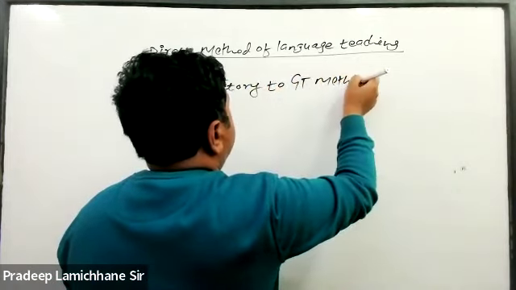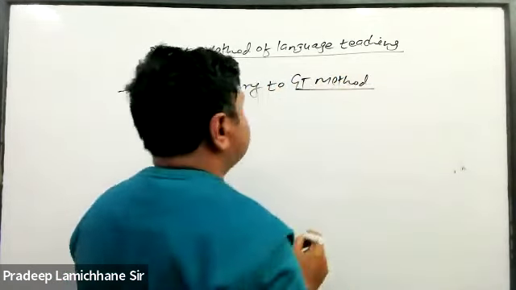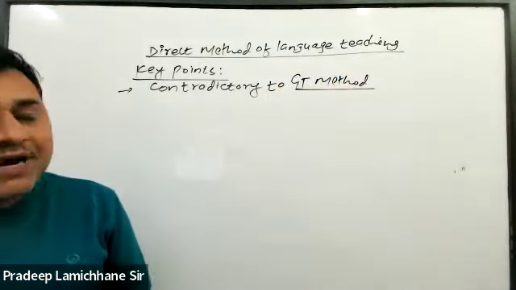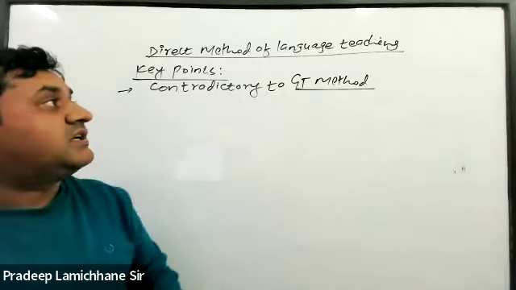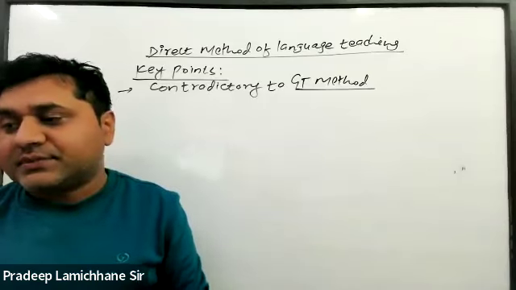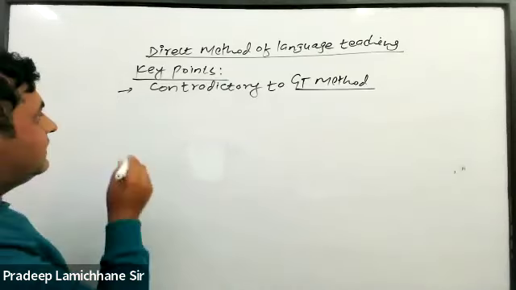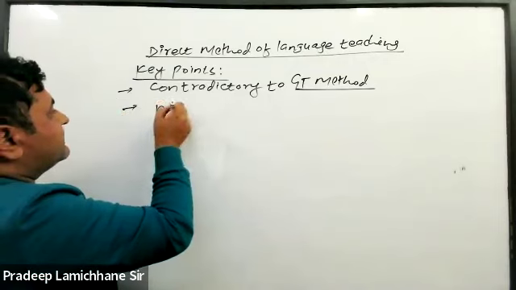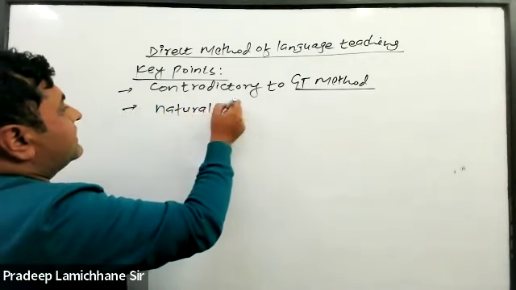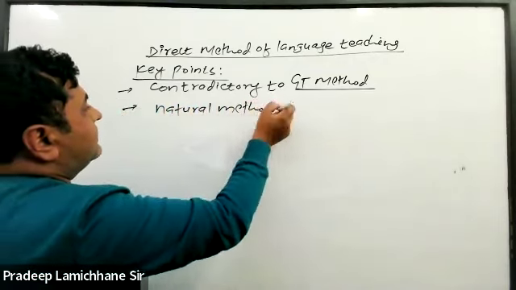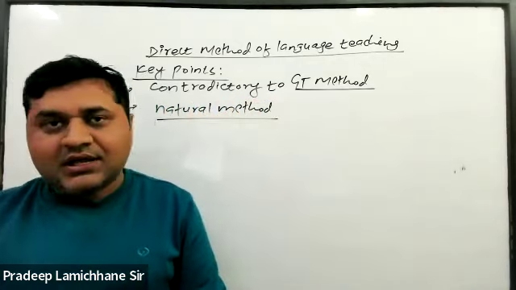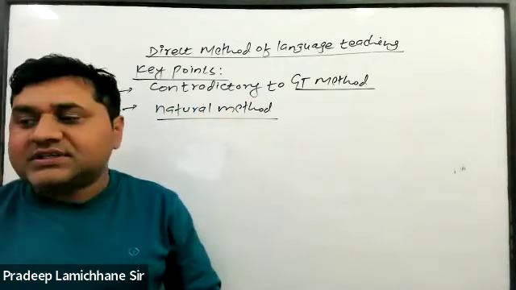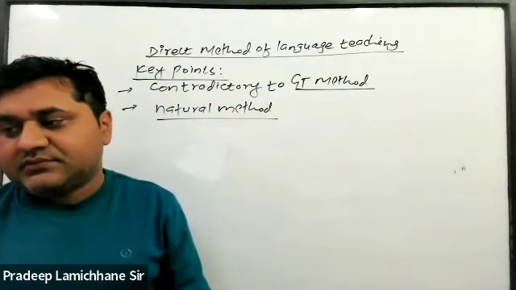You have to see the major assumptions, features, and practices of grammar translation method have been denied by direct method. Direct method is called natural method. It means that language learning is possible in a natural way. Even second language learning is possible, like that of first language acquisition.